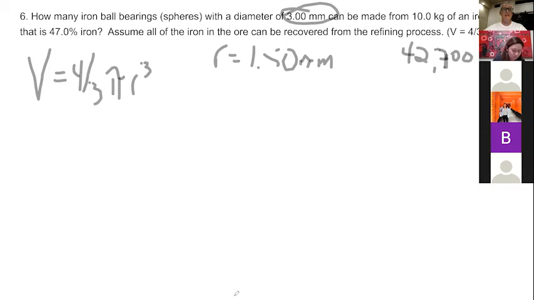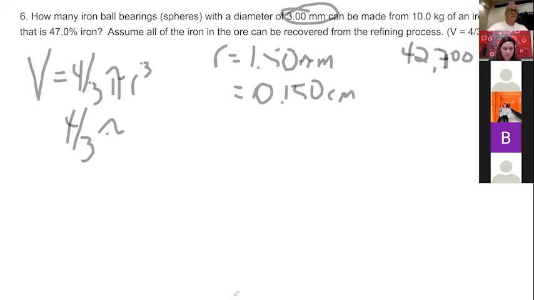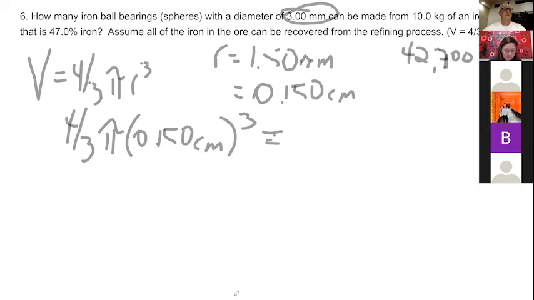And when you convert that to centimeters, what did you get? 0.150 centimeters. So it's 4/3 times pi times 0.150 centimeters, and then we're going to cube that. So what's the volume of one sphere?